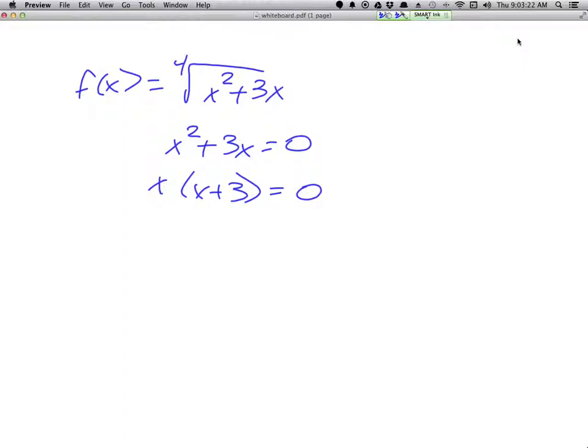Kendrick, what do you think? After I factor, what do we do? Try to solve this thing. Gage, what do you think? Once you factor, you set them both equal to 0.